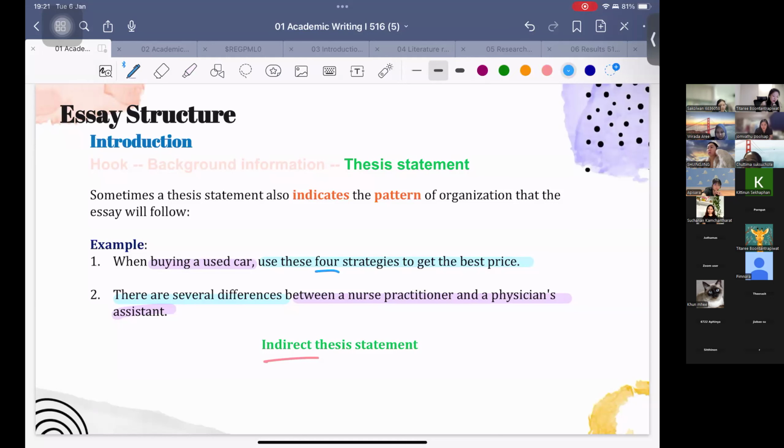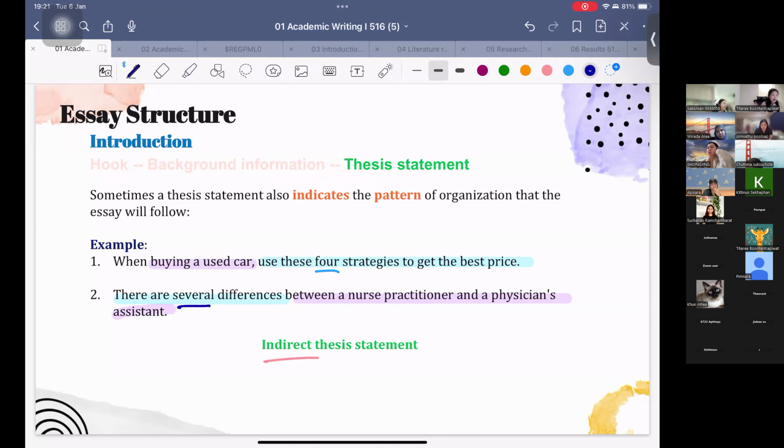This one goes with a quantitative word because it gives the audience a clue that you're going to talk about several things, not just one difference, several differences. Okay.